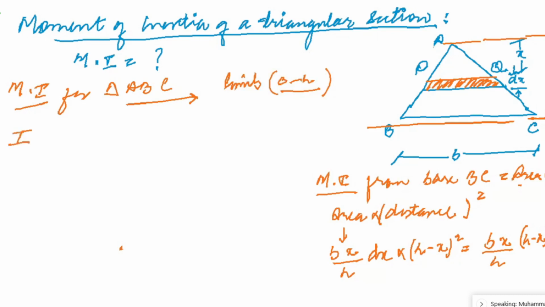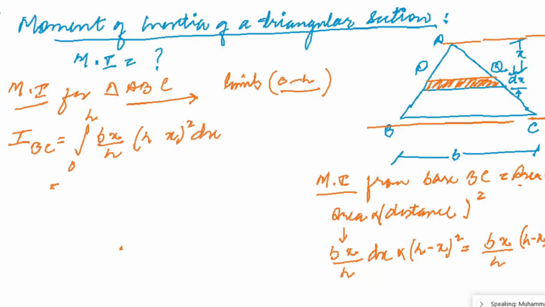That means the moment of inertia about BC will be equal to the integral from 0 to h, because the total height is h, with 0 at baseline BC and h at the top, of bx by h times (h minus x) raised to the power of 2 dx.